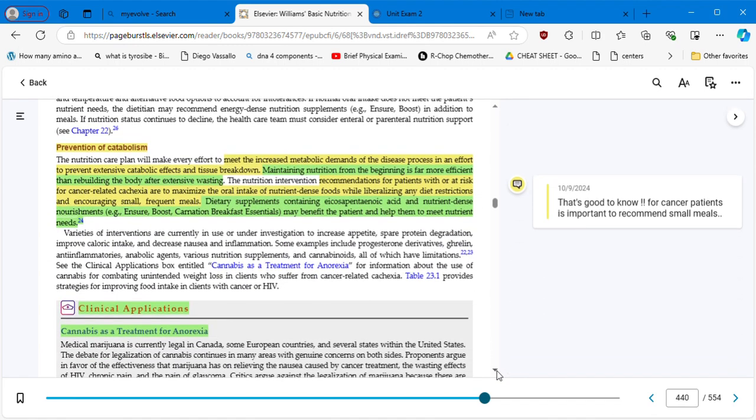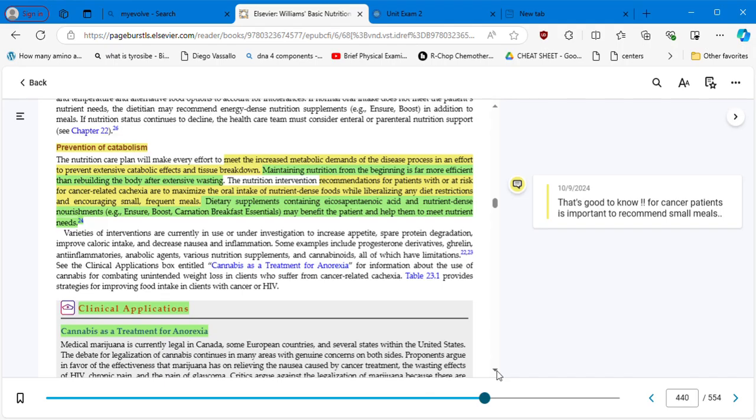Prevention of catabolism also is one of the goals. We need to meet the increased metabolic demands of the disease process in an effort to prevent extensive catabolic effects and tissue breakdown. Maintaining nutrition from the beginning is far more efficient than rebuilding the body after excessive wasting. Huge statement here.